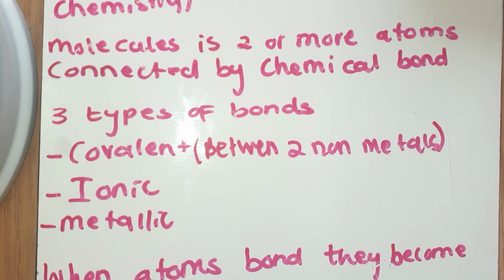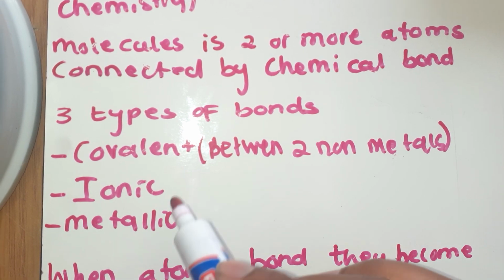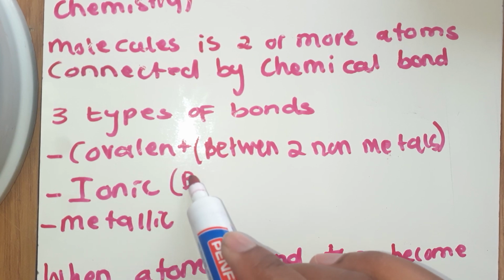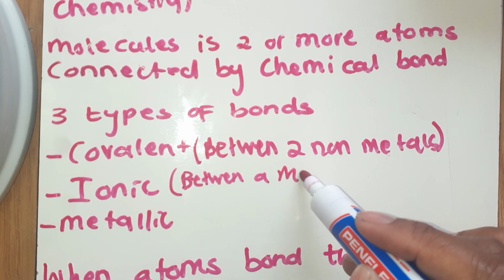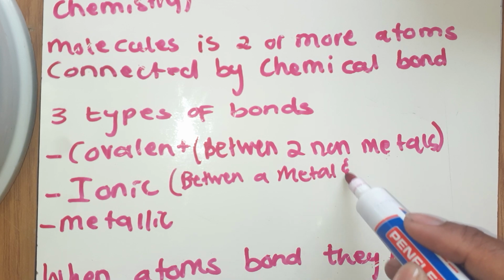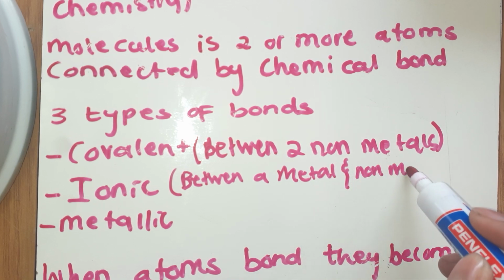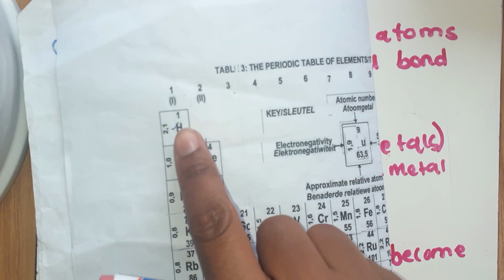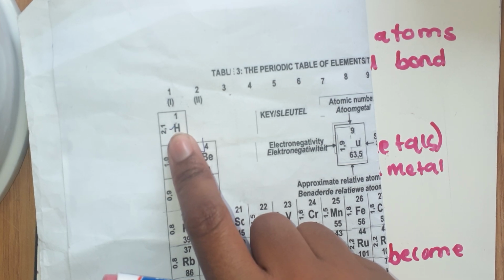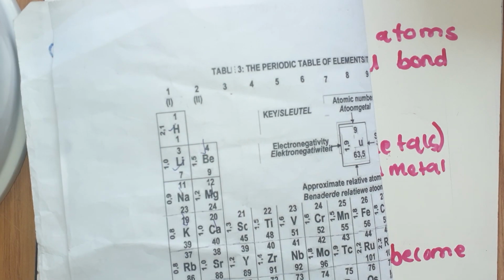And then we also have ionic bonding. Ionic bonding is bonding between a metal and non-metal. And just before we forget, hydrogen is up here but is also part of non-metals.